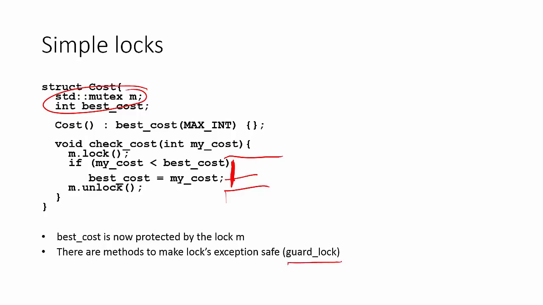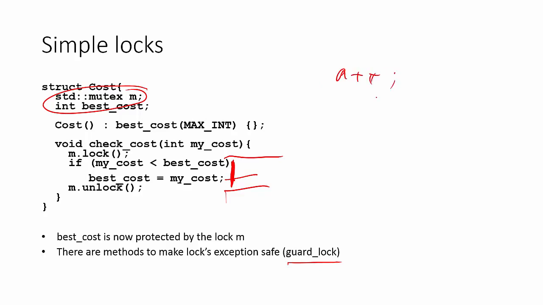So here we have a comparison and an update. There are other cases where you need locks, but possibly you wouldn't realize that. For instance, when you have a variable that you just do an update on, a++.